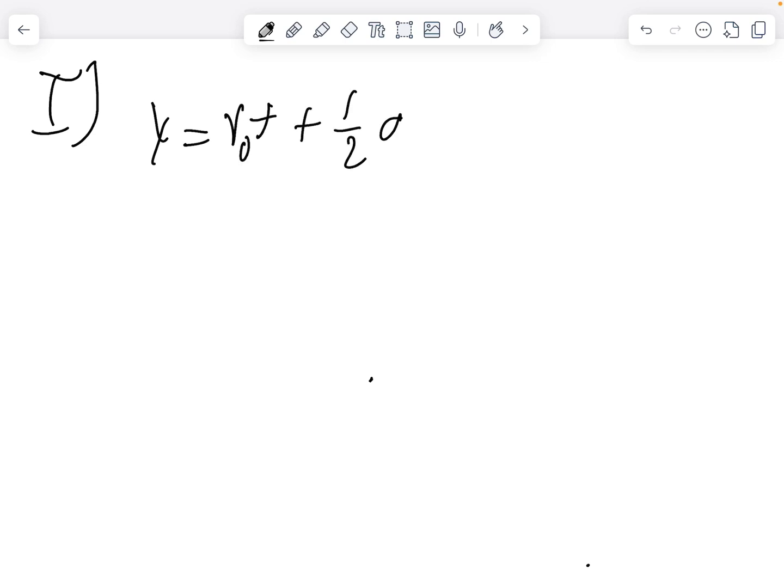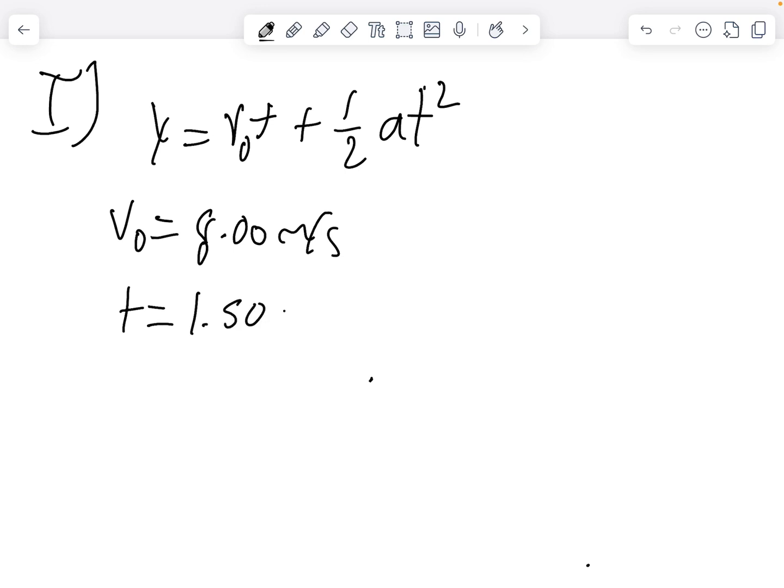So let me just delete this real quick. We're going to use the kinematic equation. That'll be y equals initial velocity times time plus 1/2 of the force of gravity times time squared. We know initial velocity is 8.00 meters per second. We know the time we're looking for is 1.5 seconds.